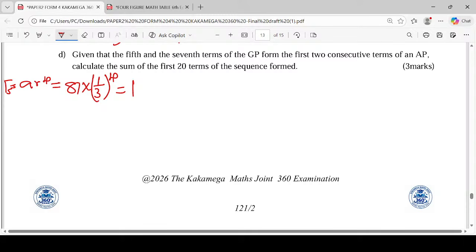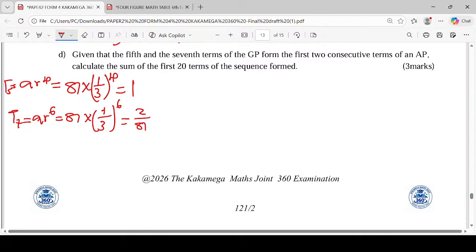And the 7th term is AR power 6, that is 81 multiplied by 1 over 3 power 6.